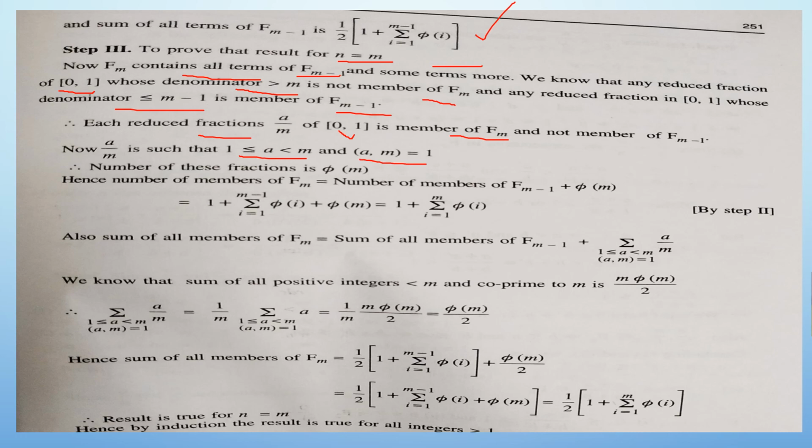Then the number of these fractions is phi(m). So the total number of members in Fm is equal to the number of members in the previous sequence plus phi(m). Using the induction hypothesis, the number of members in F(m-1) plus phi(m) gives the result for m.